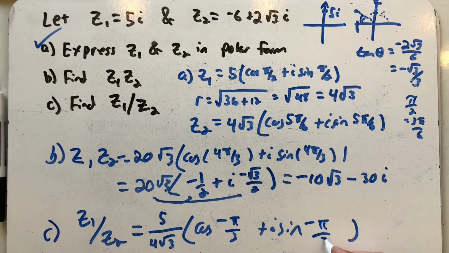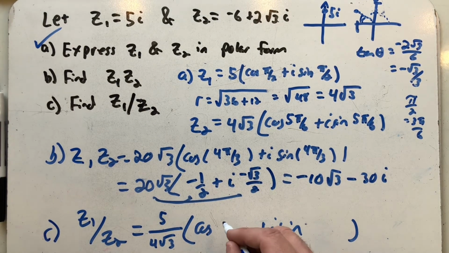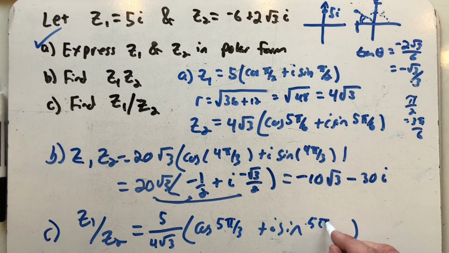Now, when dealing with a complex number in polar form, that final angle is supposed to be on that first full revolution. So now I'm thinking about an angle that's coterminal with minus pi thirds. And so instead of minus pi thirds, my final answer is going to have a 5 pi over 3 in it.